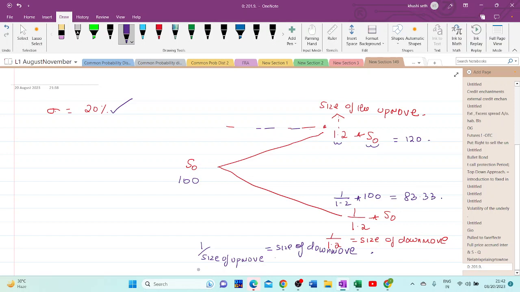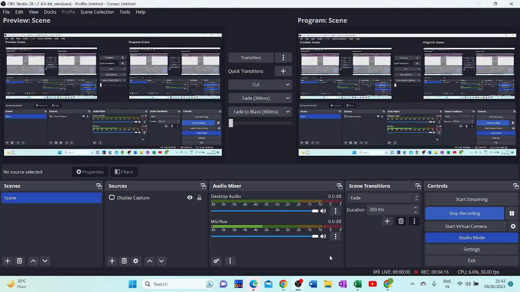Now the price of the asset in case of an up move, that is 120, we are going to denote as S plus, and the price in case of a down move, that is 83.33, we are going to denote as S minus.